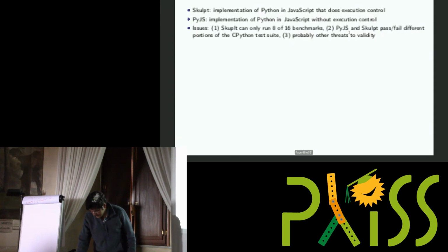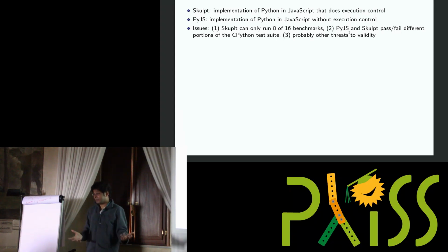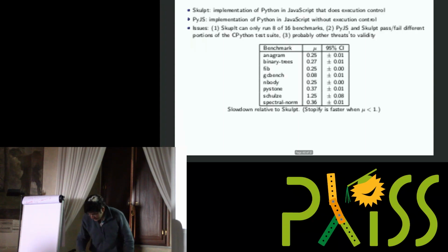Now there are a couple of issues with this comparison. First, it turns out that Sculpt is pretty broken. It can only run 8 out of the 16 benchmarks. And if you throw the CPython test suite at PyJS and Sculpt, they end up passing and failing different subsets of the test suite, so they're not really implementing the same language. There are many other possible threats to validity, so take this with a huge grain of salt.